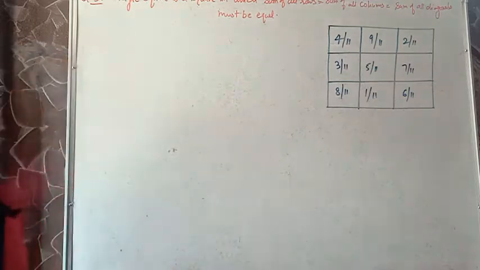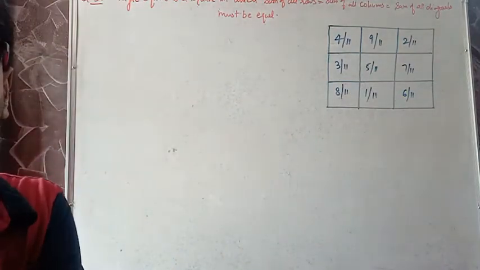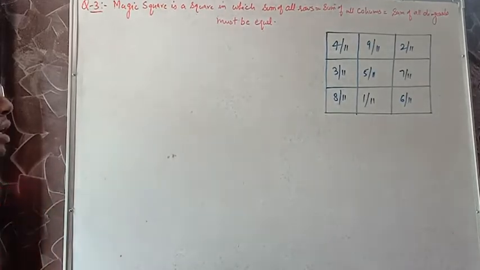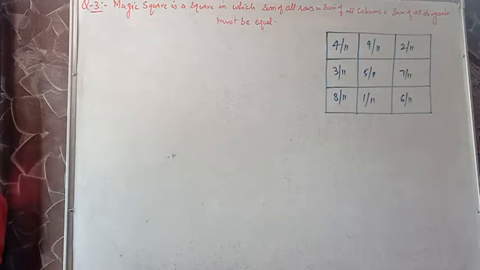This is what magic square means. Are we clear with the magic square? So a magic square is a square in which the sum of all the rows, sum of all the columns, sum of all the diagonals must be equal.